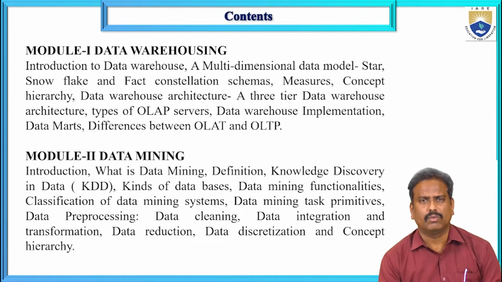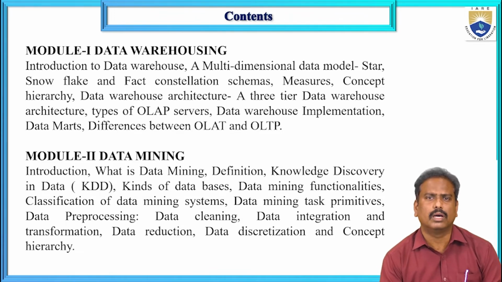Finally, we are going to learn about data warehouse implementation. After knowing the architecture, we'll see how the data warehouse is going to be implemented. Then we'll discuss data marts. What do you mean by a data mart?